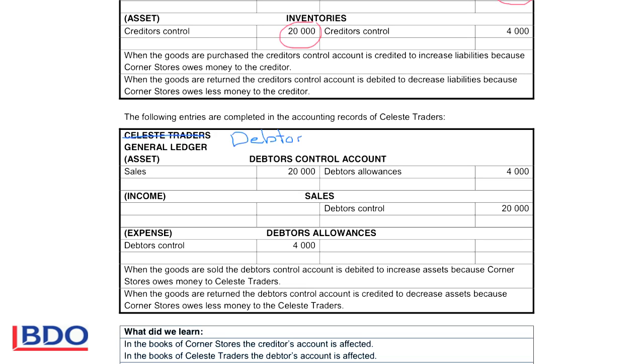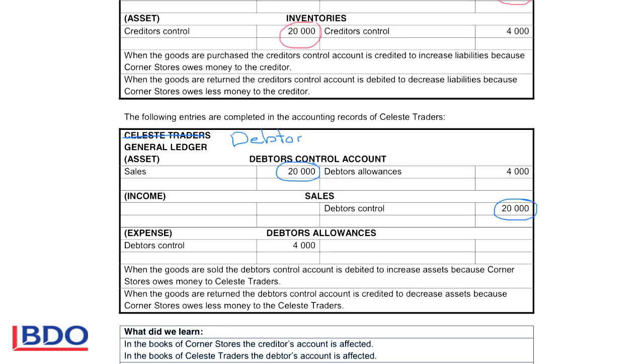So when they sell the goods, they will debit debtors control and they will credit sales to show that they've got an income and there's an asset because the debtors will have to pay them in the future.